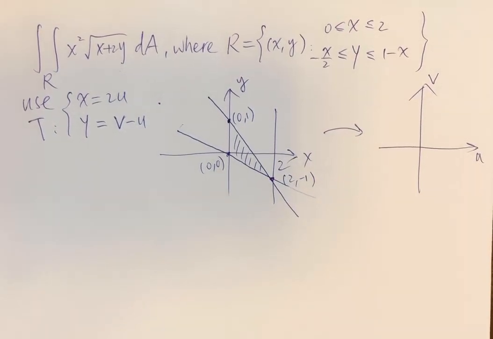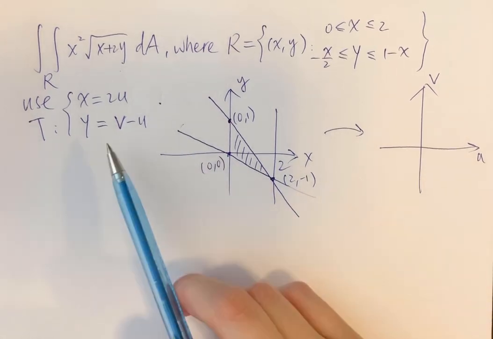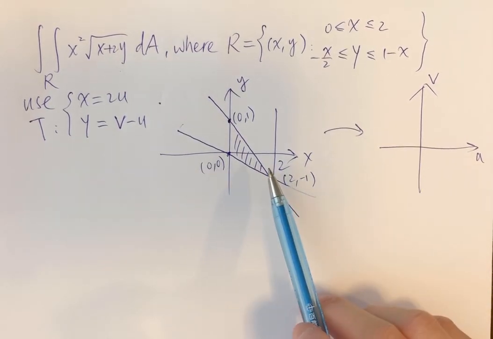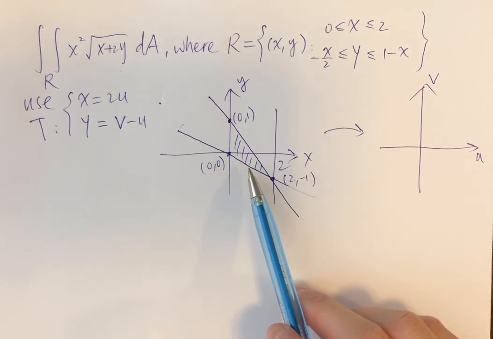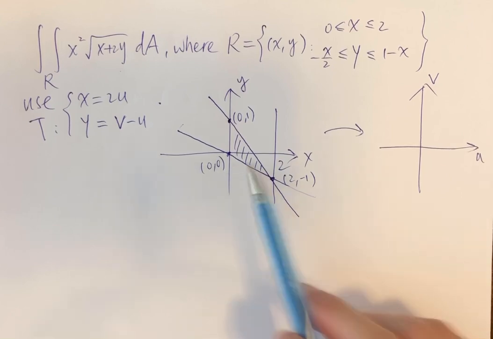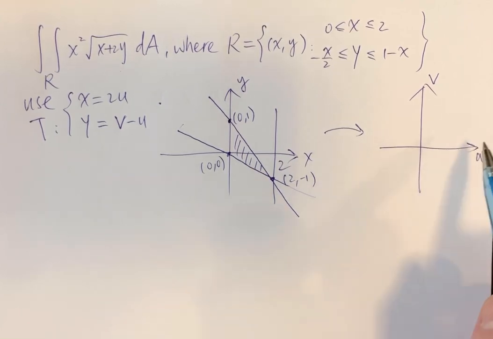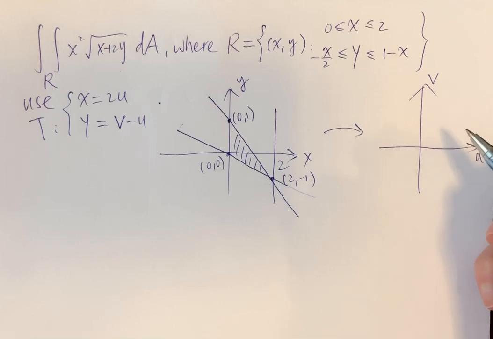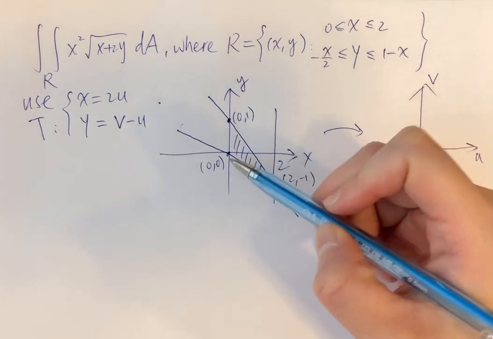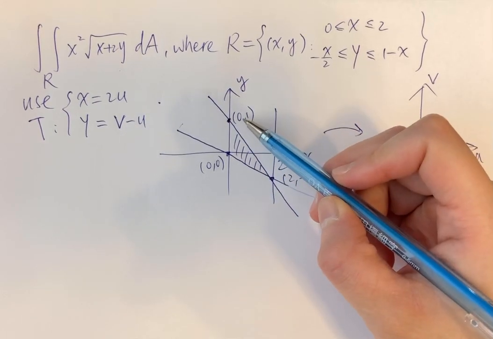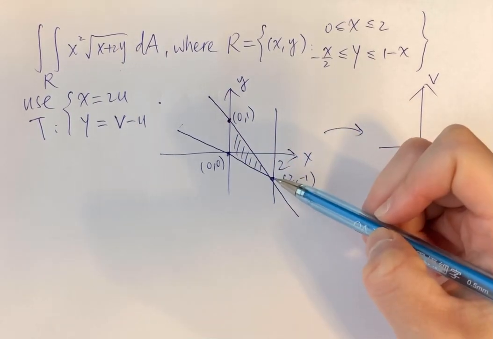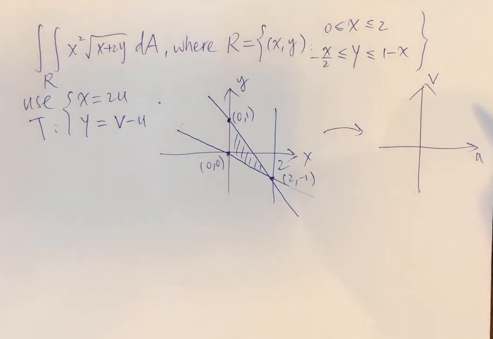And because it's a linear transformation, then we know that it will take a triangle to a triangle. It will be a slightly different shape, but it will still look like a triangle in the UV plane, which means we only need to decide where the three vertices go in the UV plane.